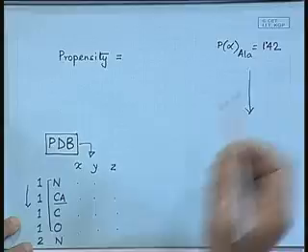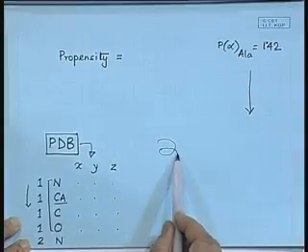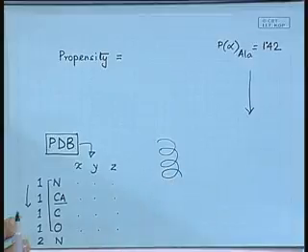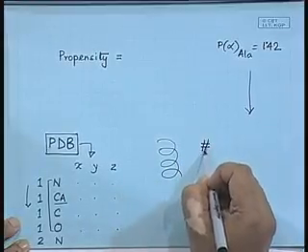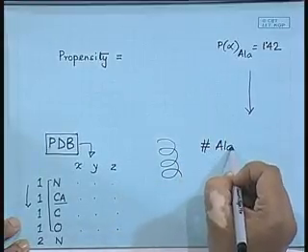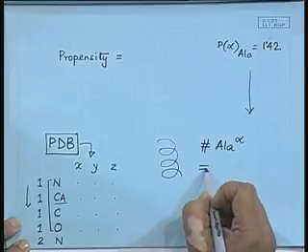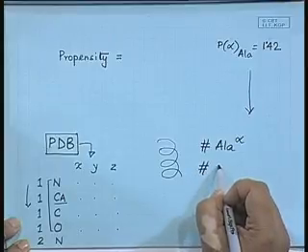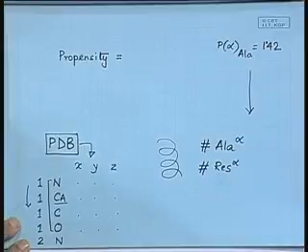What is that analysis? Say you look at all the helices that are there in the proteins, and you count the number of alanine that are there in the alpha helix. You count the number of residues in the alpha helix, all the residues that are there in alpha helix only.